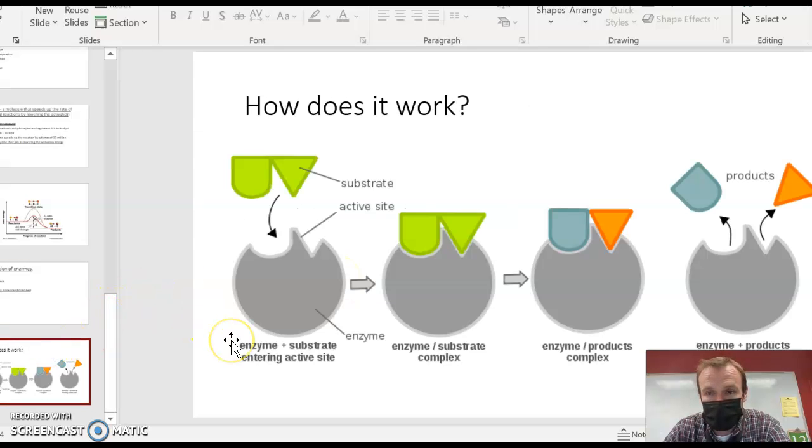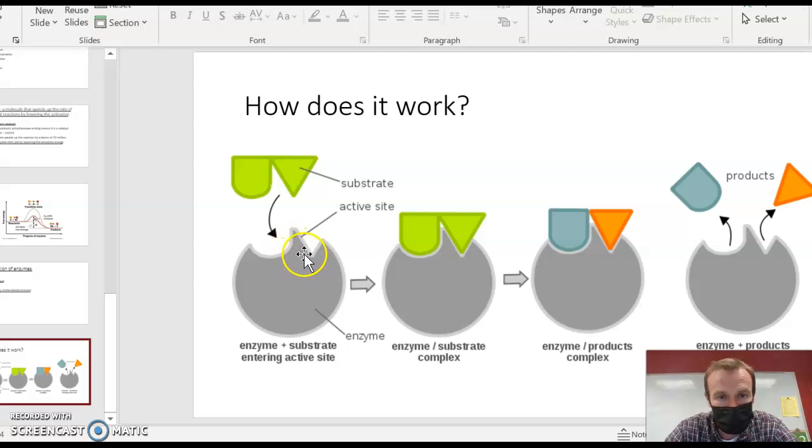Now this is the main slide I want to focus on today in this little lecture, which is how does an enzyme actually go about doing its job. So what this slide is showing is the lock and key model for enzyme activity. And so this is the enzyme here, this kind of gray blob that has a spot that the substrate can fit into.